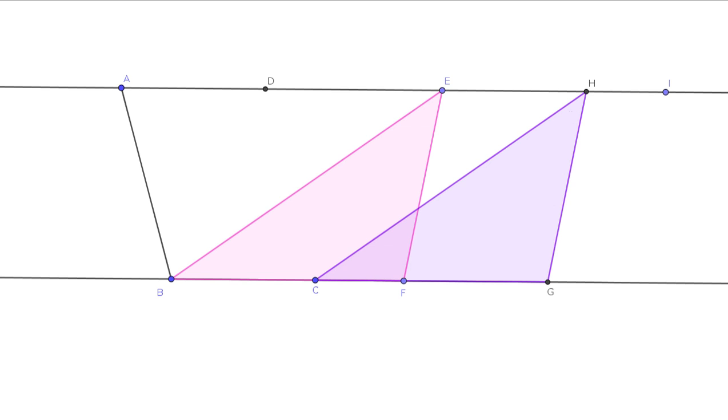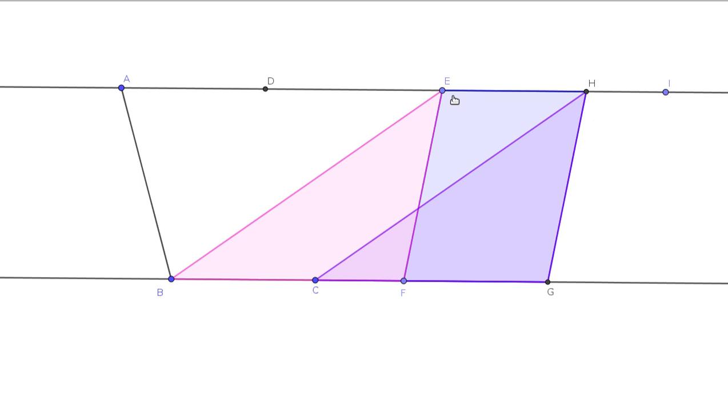Now, if we bring back our parallelogram again, we also know that our angle FEH is going to be congruent to our angle GHI because they are corresponding angles. And so what that means is that by our common notion 2, this angle plus this angle is going to be congruent to this angle plus this angle.